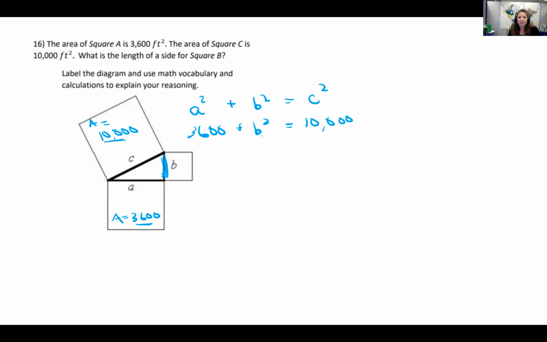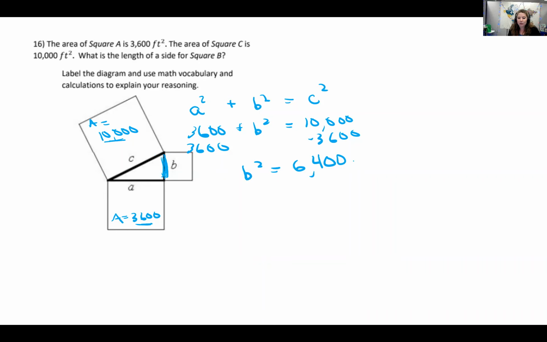So I want to get B squared by itself. I'm going to subtract 3,600 from both sides. B squared is equal to 6,400. Now, if the question was, what is the area of B? This is the answer. The area of B, 6,400. However, I don't need to know the area of B. I need to know the square root. I need to know this side length.